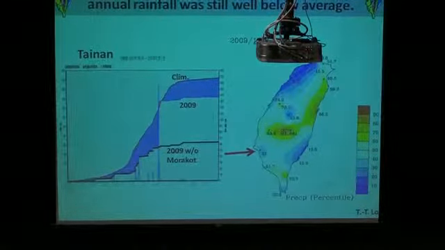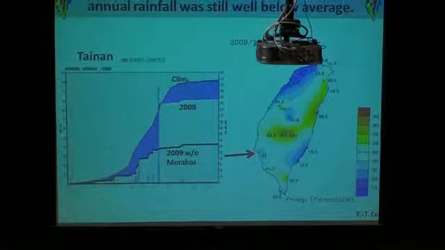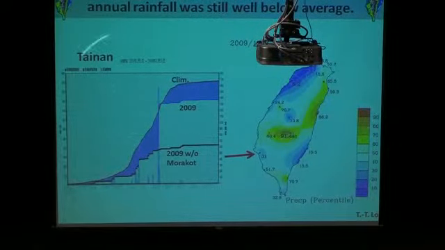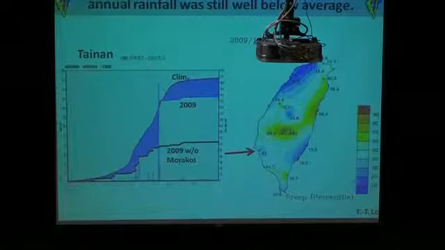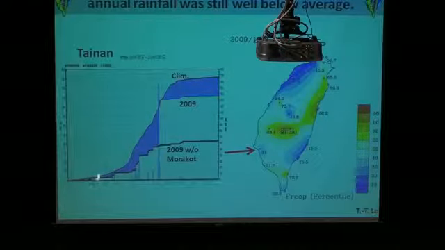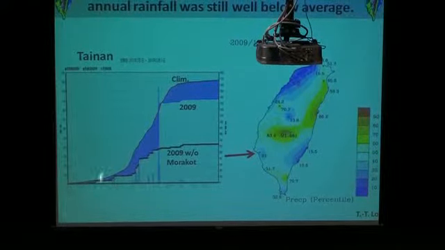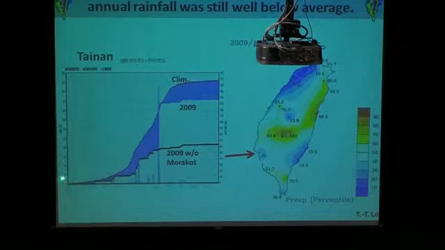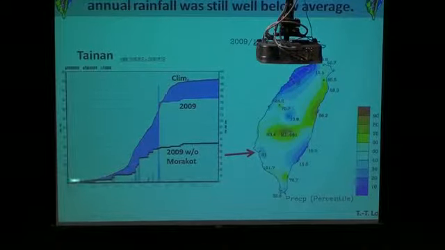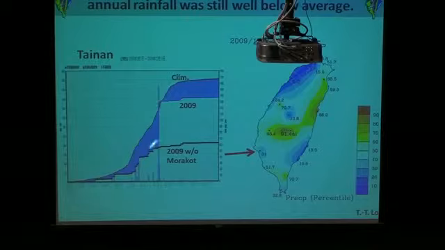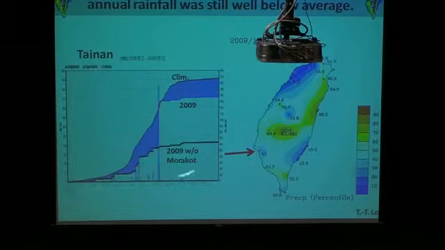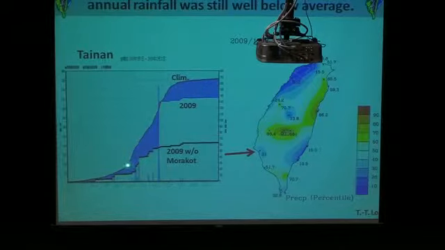And if you look at the rainfall distribution in Taiwan, this is one station called Tainan, in the southern part of Taiwan. And this is the accumulated annual rainfall. If you look at this blue curve here, Tainan received very little rainfall compared to the climatology. A great deficit. Then came Typhoon Morakot.